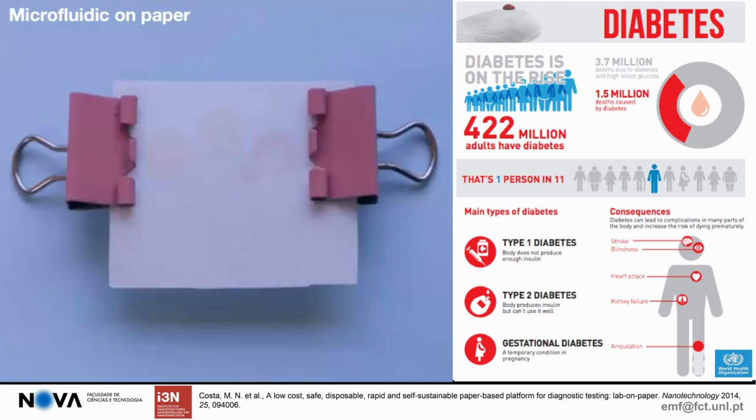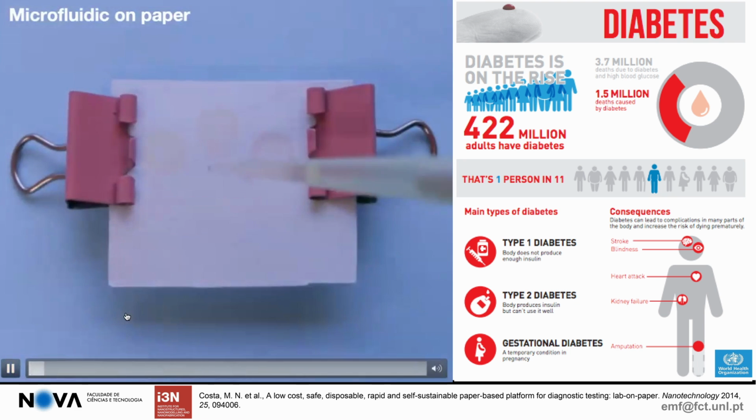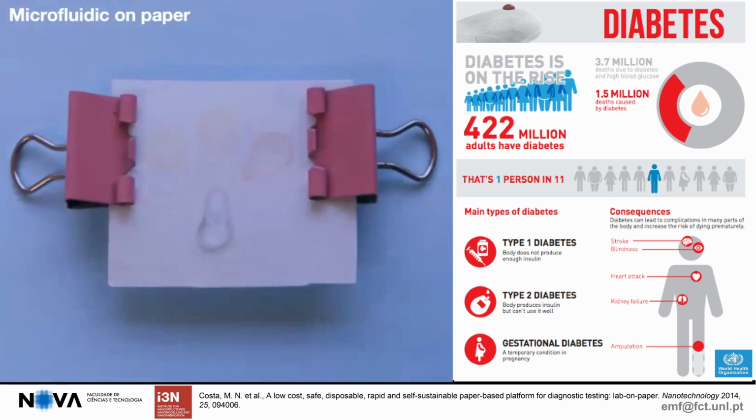We also started some years ago to work on colorimetric sensors. This is a very simple paper-based device for glucose sensing. It is a colorimetric sensor, so we don't need electronic equipment to read the concentration of glucose.